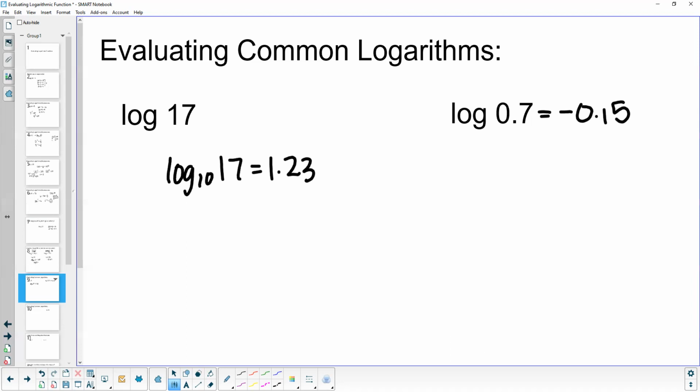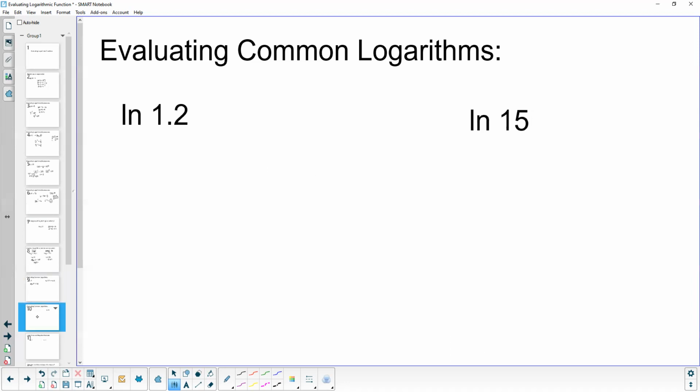I'm rounding to the hundredths place or 2 decimal places, but we can kind of look at it that way. What happens if we do that natural log? You can see that those are a little bit different. So the natural log of 1.2 is going to be 0.182. The natural log of 15 is going to be 2.71, basically.